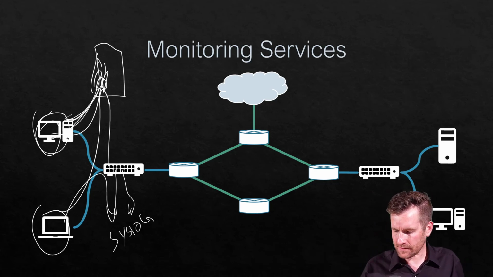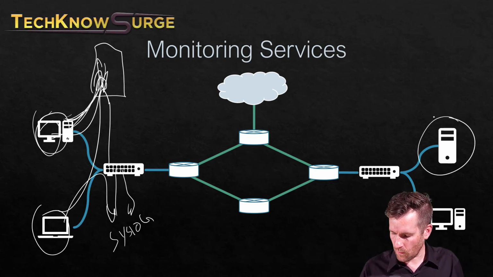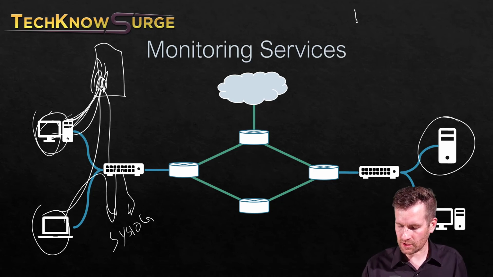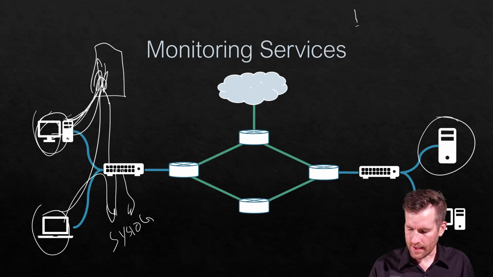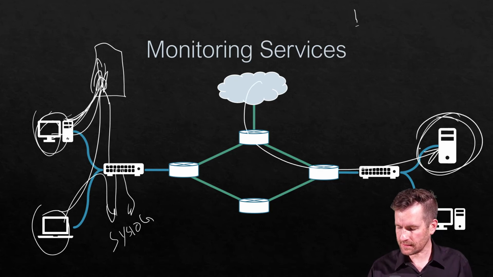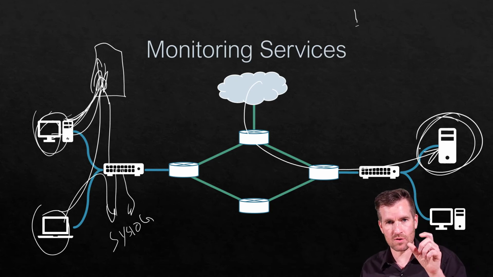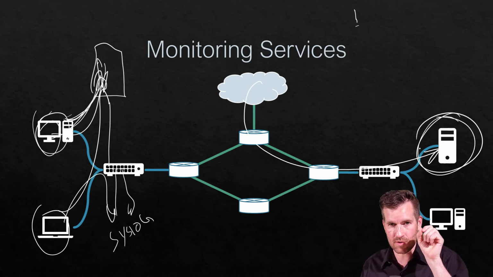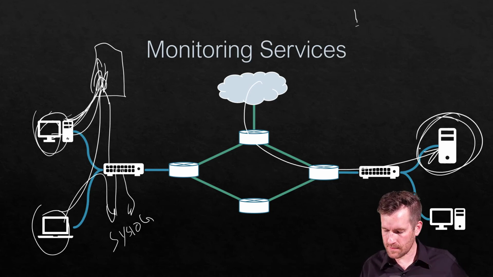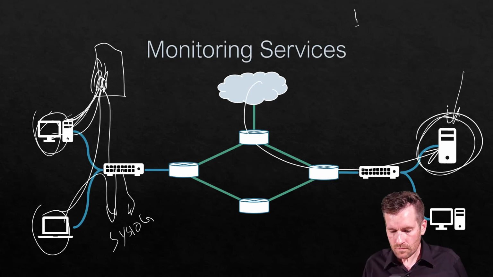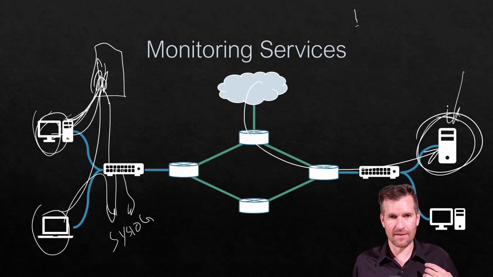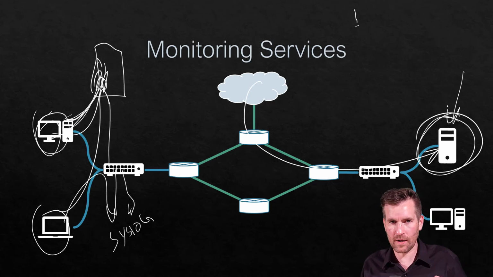I always like to have some sort of monitoring service out in the cloud that's monitoring a web server like this one. Maybe it's just checking that web page, or maybe it's checking something specific, some sort of word on there, or some sort of button. That way it will notify me if things go down, and it tests from all around the world.